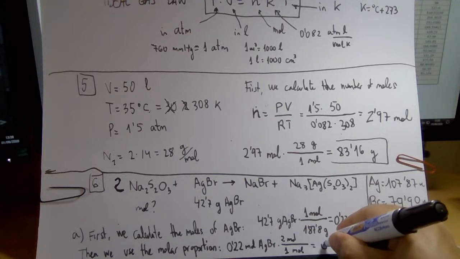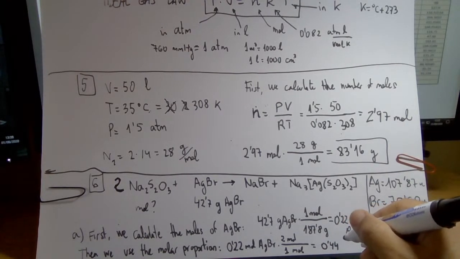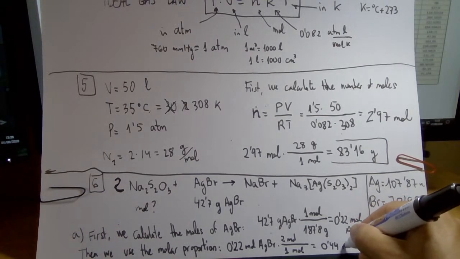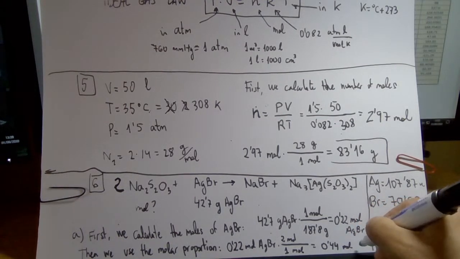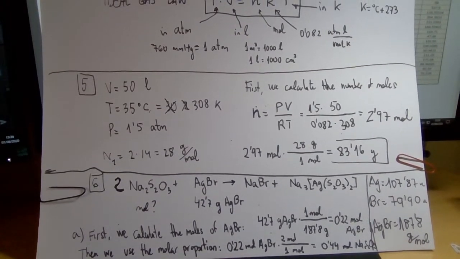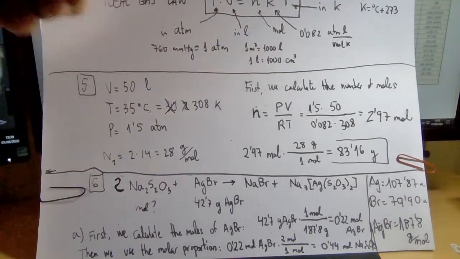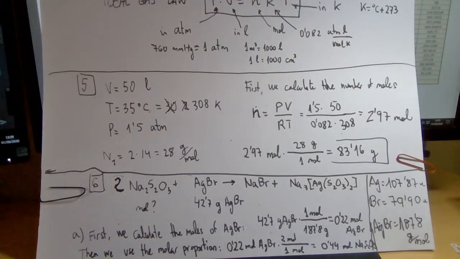So it's double, 0.44 mole of Na2S2O3. Okay? So we have double. 2 moles react with 1 mole. 2 molecules react with 1 molecule.